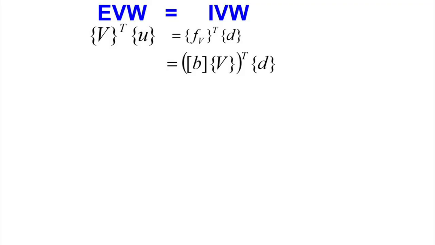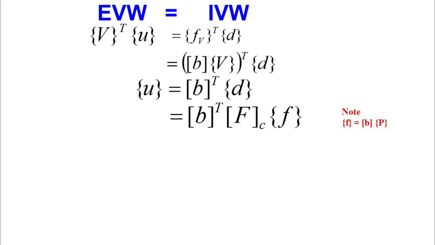Here, by making use of the force transformation matrix B, the internal virtual forces can be expressed in terms of the external virtual forces by using B into V. With this substitution, we proceed further.